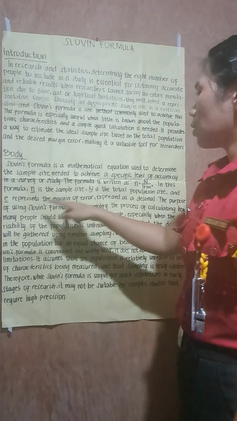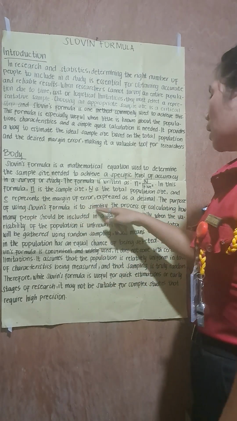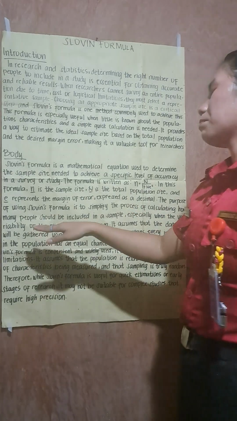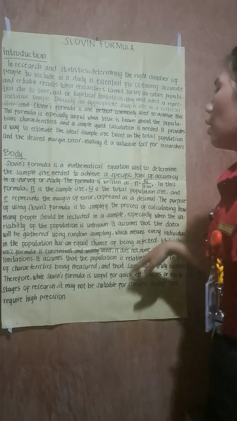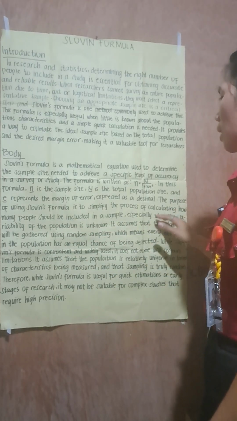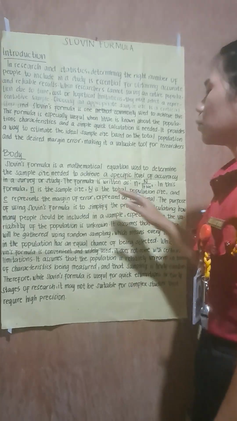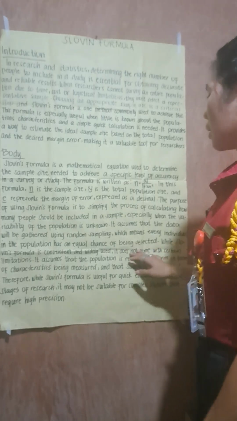The purpose of using Slovin's formula is to simplify the process of calculating how many people should be included in a sample, especially when the variability of the population is unknown. It assumes that the data will be gathered using random sampling, which means every individual in the population has an equal chance of being selected.